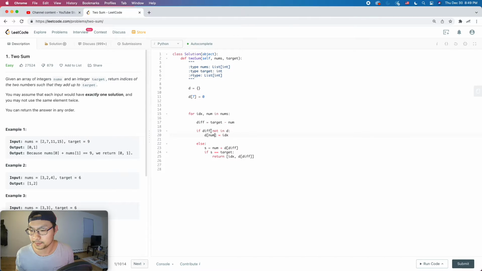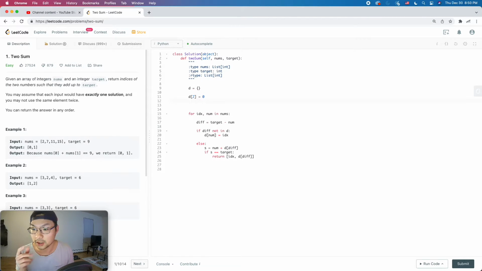Let's do this again. So if we start with 2, right? 9 minus 2 is 7. The difference of 7 is not in the dictionary. So we're going to store 2 in the dictionary and the index of where it's at. Next, we're going to go to 7. 9 minus 7 equals 2.